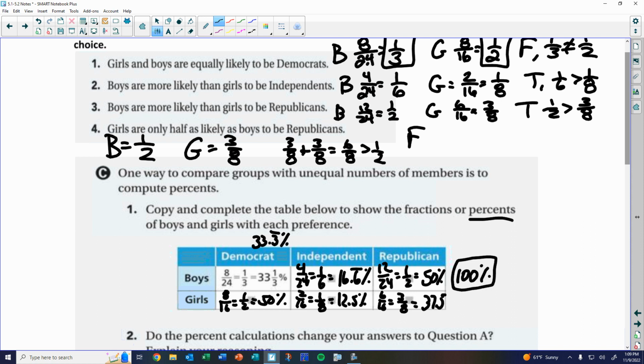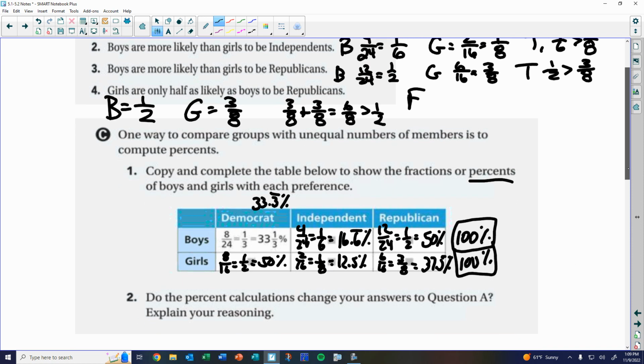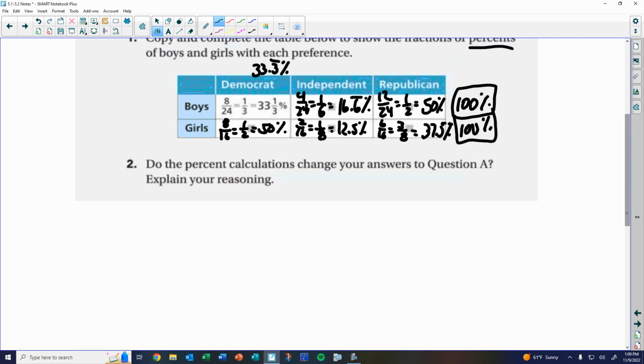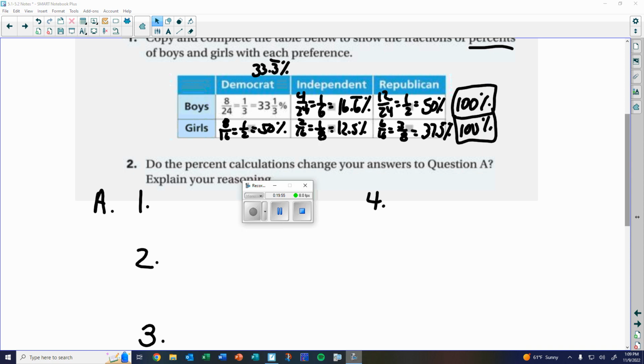And again, if you add those across, that's 100%. It should always be 100%. All right. Now, using the percentages, I want you to go answer those same questions that we did in Part A, 1, 2, 3, and 4, and see if the percentages change anything. We'll give you a few minutes to compare the percentages.